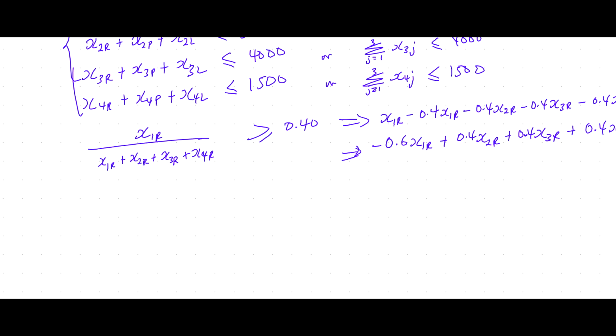So component 2 in regular, for all the various components in the regular mix, should be less than or equal to 0.2. It should not be more than 0.2, but it can be equal to 20%.